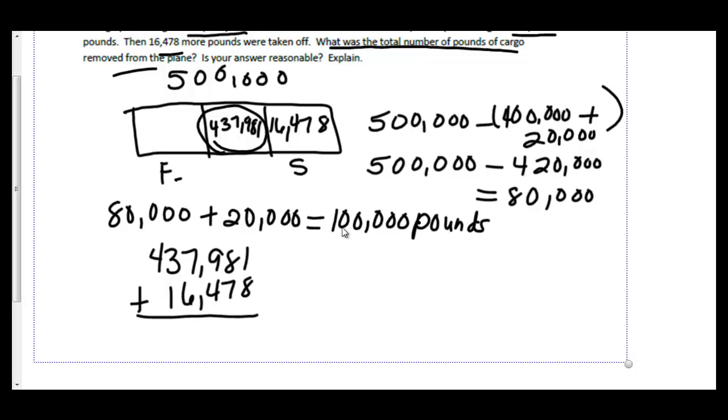I have 9, 15, 13. So that would be 454,459 pounds. So I'm going to subtract that from the plane weight, which is 500,000 pounds.